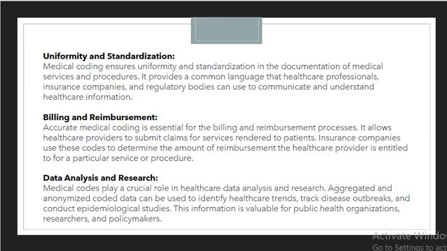Here it is written, accurate medical coding is essential for billing and reimbursement processes, because without coding, we are not supposed to perform the reimbursement process. Medical coders are the only ones who provide all the information regarding the codings, and those codes are processed by the biller in order to perform reimbursement. So that's why medical coding is very important.